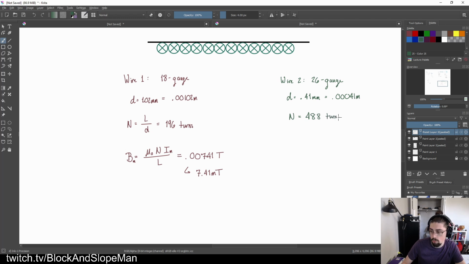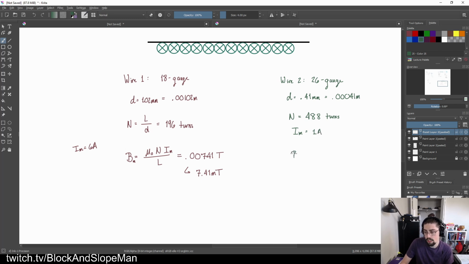With more than double the number of turns, we could have a much stronger magnetic field, if only we have the current. But the current is limited. Imax in the previous case was 6 amps. In the case of the 26 gauge, Imax is now only 1 amp.